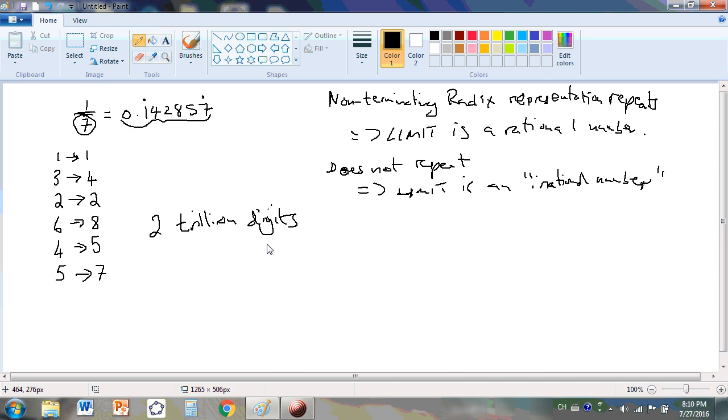But that may not be enough, because if I gave you n trillion digits, you don't know how far you would have to look in order to determine whether it's a rational number or irrational number. So if it doesn't repeat, you really don't know, unless you actually have a particular fraction in the form of p over q, and then you know that of course that can either repeat or not repeat.